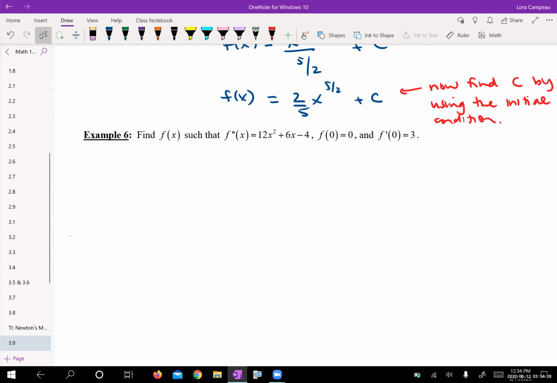Again, they want us to find the original function such that the second derivative is 12x squared plus 6x minus 4, given two initial conditions.